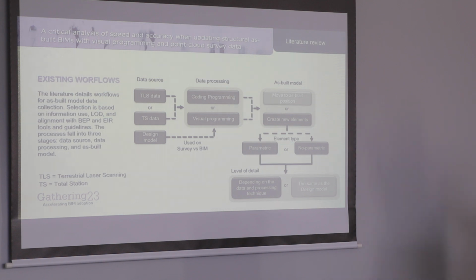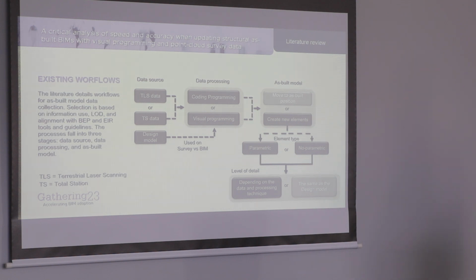Another thing is the design level of detail. When you model a wall from the laser scan, depending on the processing technique you're using, you're going to get all little bumps, and you won't get a parametric model. You don't need that unless it's a historical building where you want every single detail.